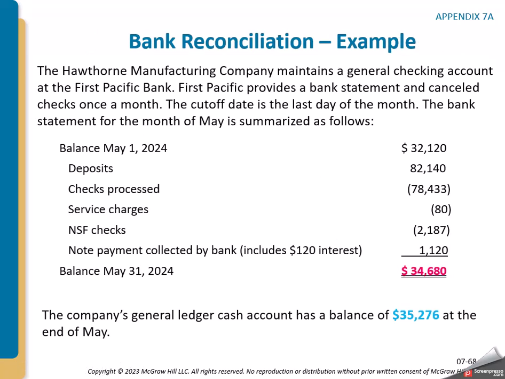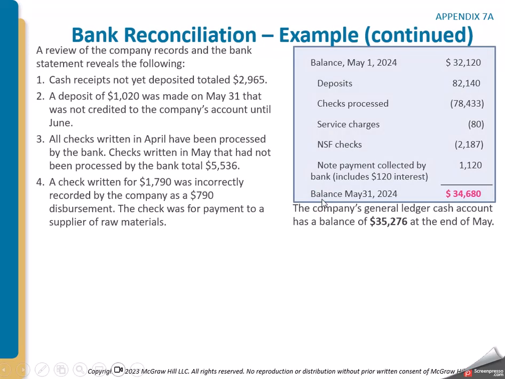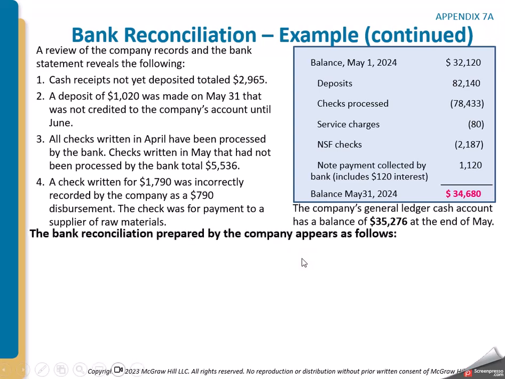Then here they give us an example of the adjusted balance. This is the bank balance, right? They give us checks, deposits, service charge, NSF checks, and a note that they collected. And this is our balance per the books. Then we come over and we want to reconcile that.